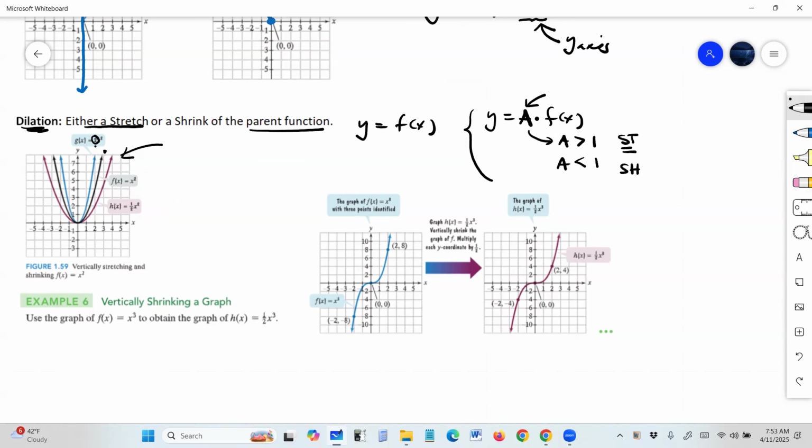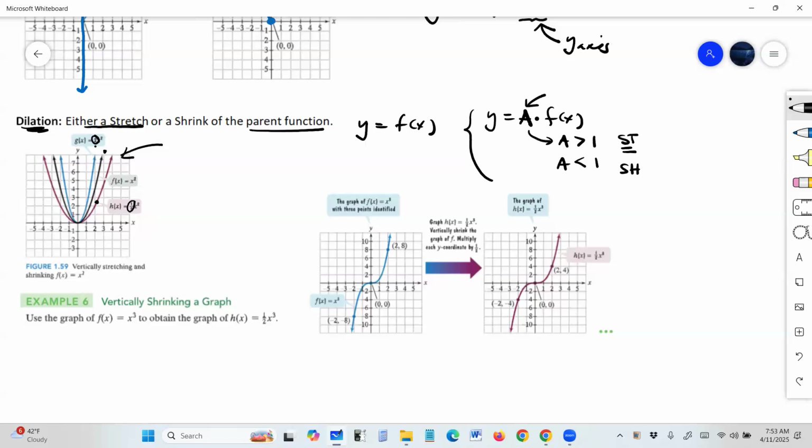It grows faster. In the other scenario, I have a 1/2 here, and we have the reddish curve or graph. So this seems like it was pushed out and it is growing slower.